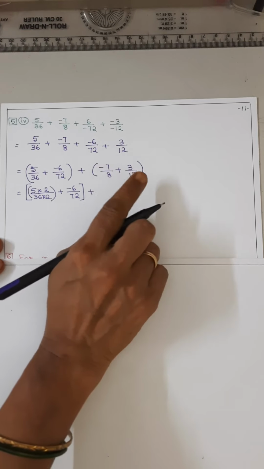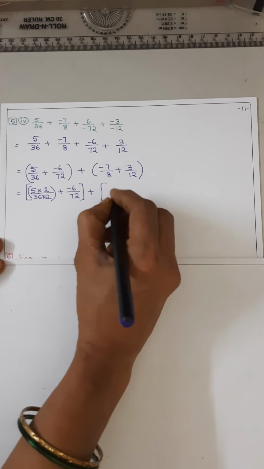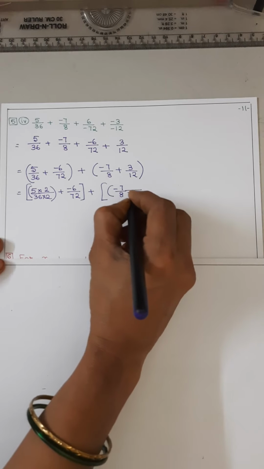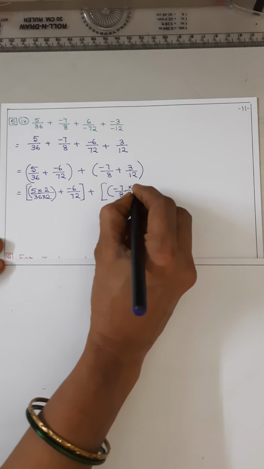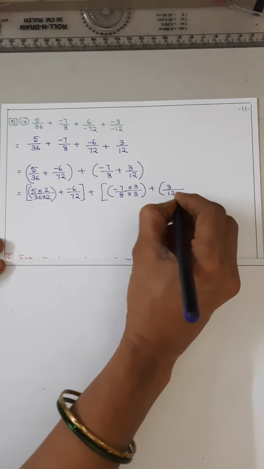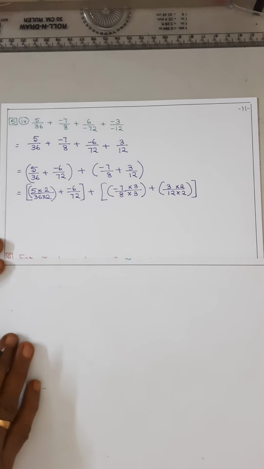Yes, 8 threes are 24. So it will be minus 7/8, 8 threes are 24, now here will come 3/12, 12 twos are 24. Is it clear?